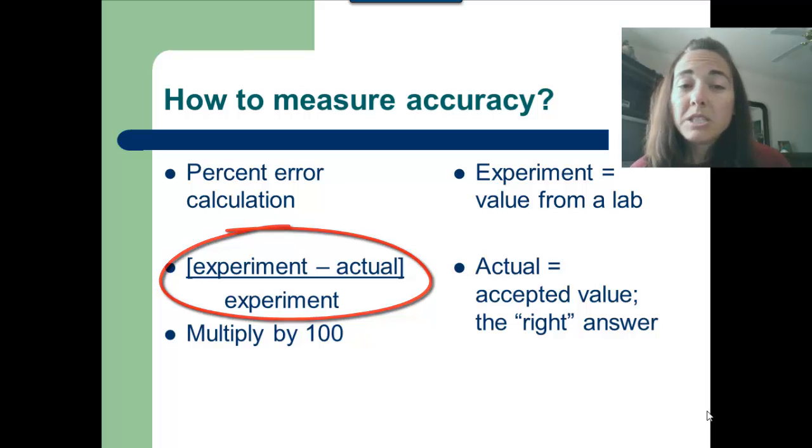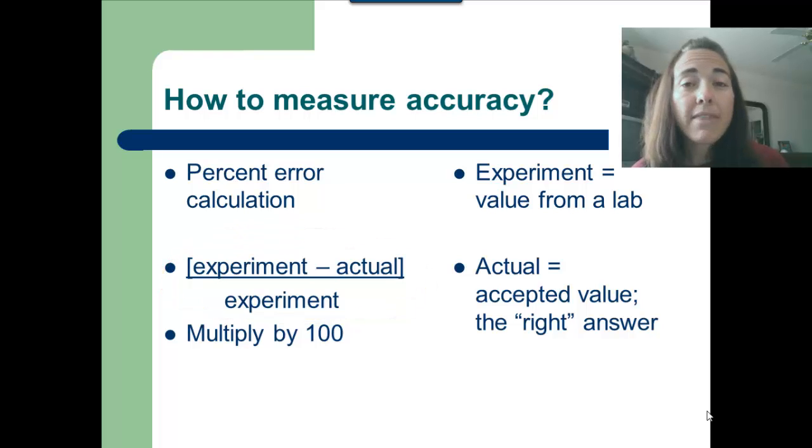We want it to be a percent, so we're going to multiply that answer by 100 to get the percent answer. The trickiest part about using this formula is deciding which number is the experimental value and which number is the accepted value, or the correct answer. So be really careful, especially when you have word problems, that you can pick those two numbers out.